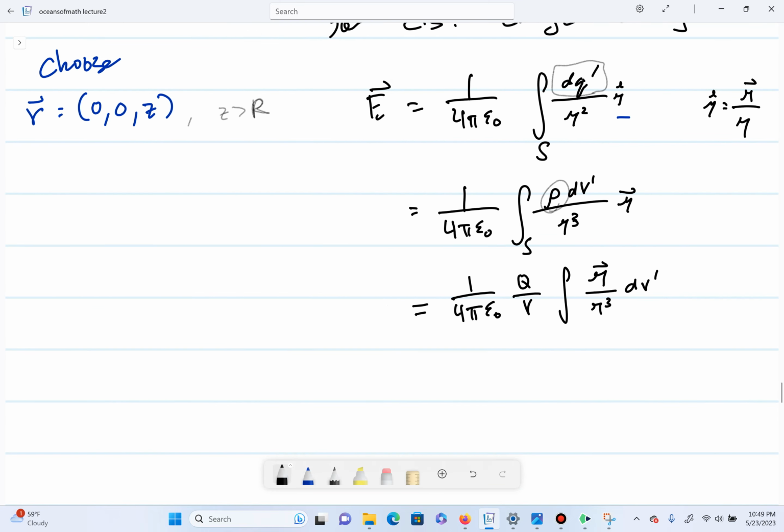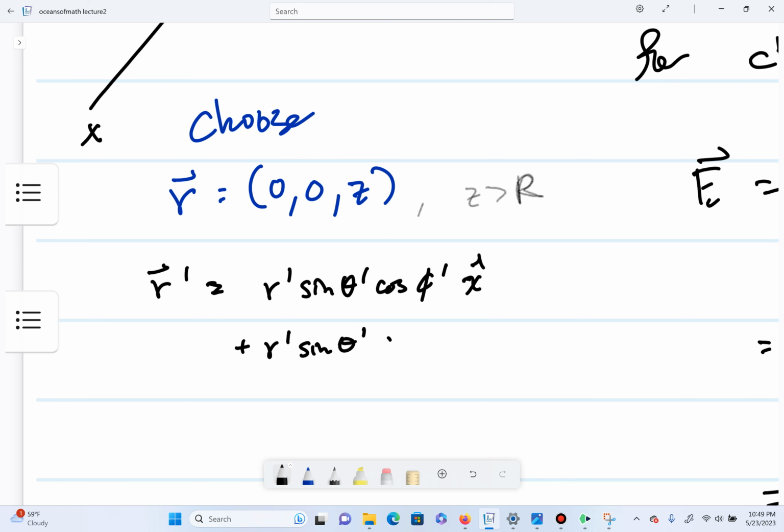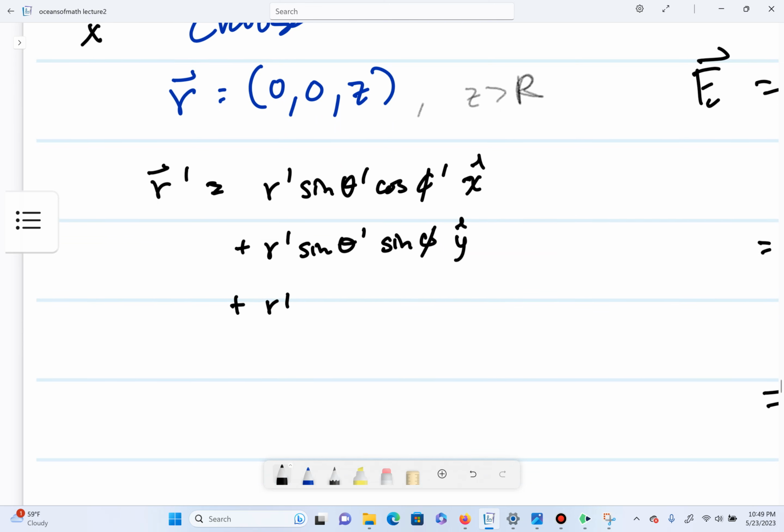Okay, so let's explicitly figure out what r is. If we've chosen our test charge to be at 0, 0, z for simplicity, then our source charge is going to be located in Cartesian coordinates at r prime sine theta prime cosine phi prime x hat plus r prime sine theta prime sine phi prime y hat plus r prime cosine theta prime z hat.